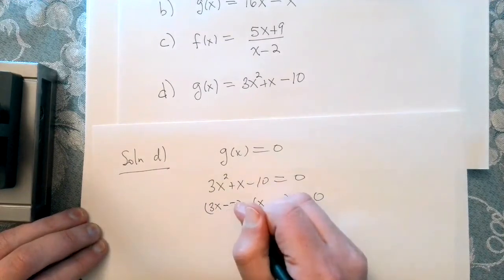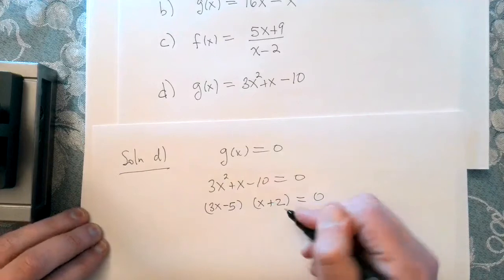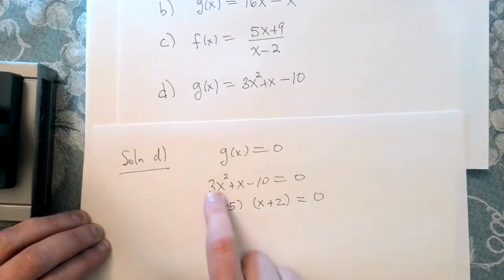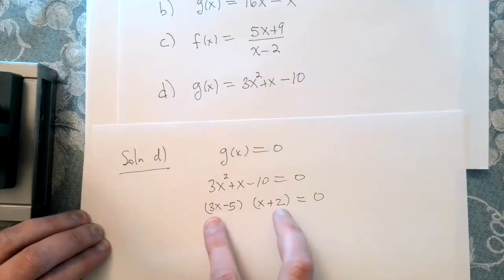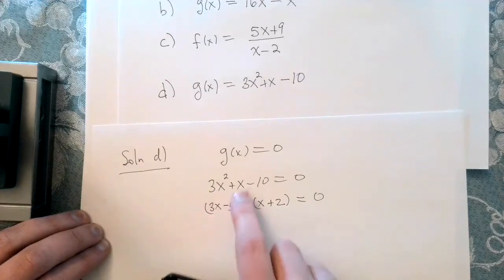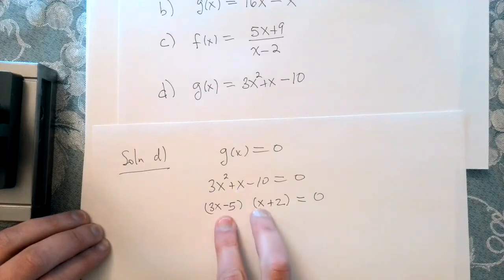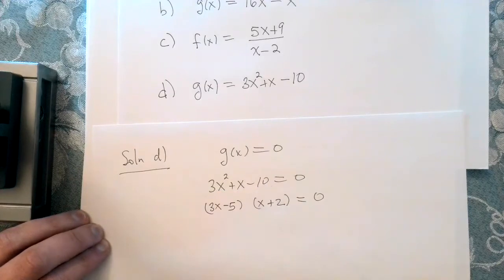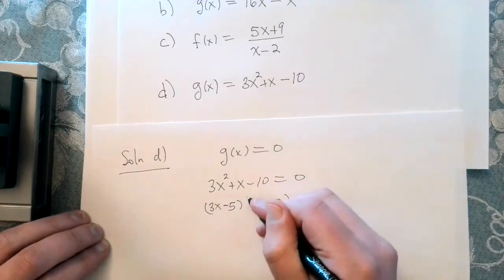Let's try minus 5 and plus 2. Let's just check this. This product is this. The product of the outers plus the inners is this. So this product plus this product is this. And then the product of the lasts is this. So that's a good factorization.